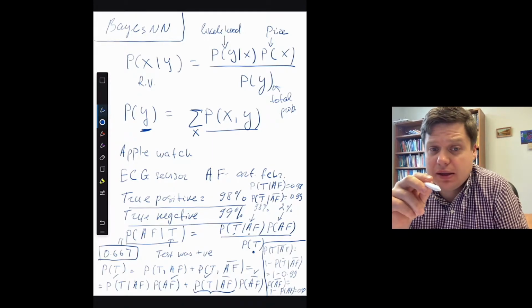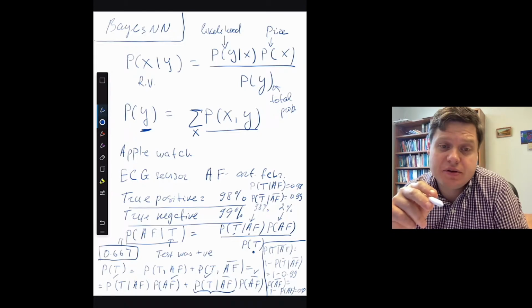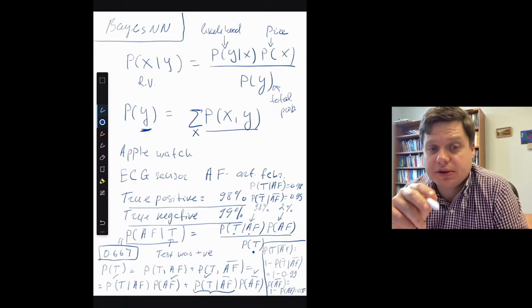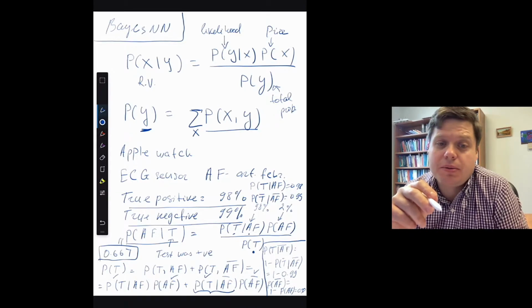And we're going to write both of those terms as conditional distributions rather than joint distributions. So the probability of test given arterial fibrillation times the probability of arterial fibrillation, plus the probability of test given no arterial fibrillation times the probability of no arterial fibrillation.